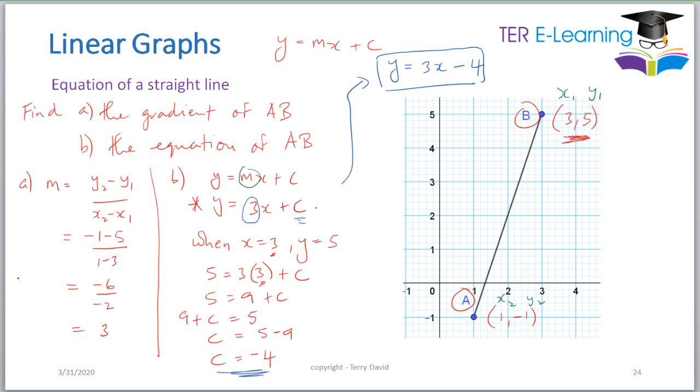I told you when you have a horizontal line, the equation is y equal to something. If it's a vertical line, the equation is x equal to something. We talked about positive, negative, and zero gradient. I also showed you the formula to find the gradient of a line segment. And the last thing we looked at here was how do we determine the equation of a straight line.